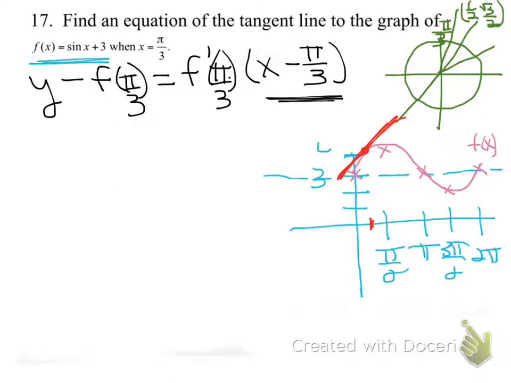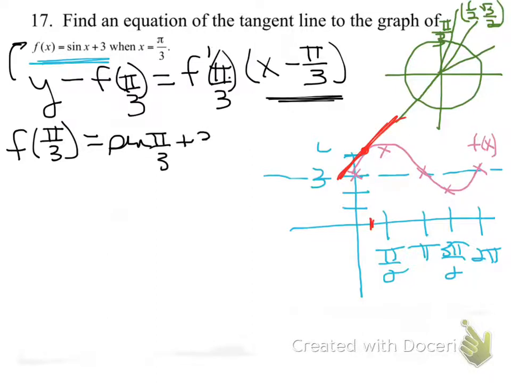Now let's find f of pi over 3. f of pi over 3 means I have to take the original equation right here and evaluate it at pi over 3. That's going to equal sine of pi over 3 plus 3. What is sine of pi over 3? Come up and look at my unit circle. Sine is the second value. I drew the angle pi over 3.